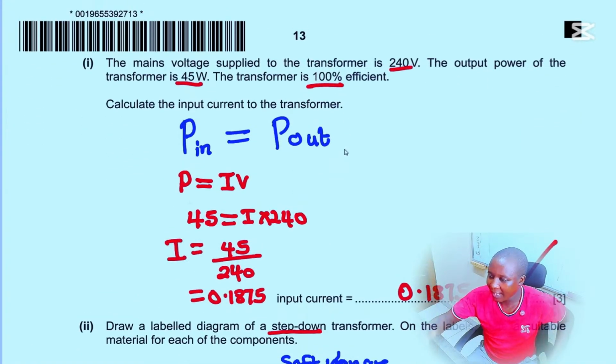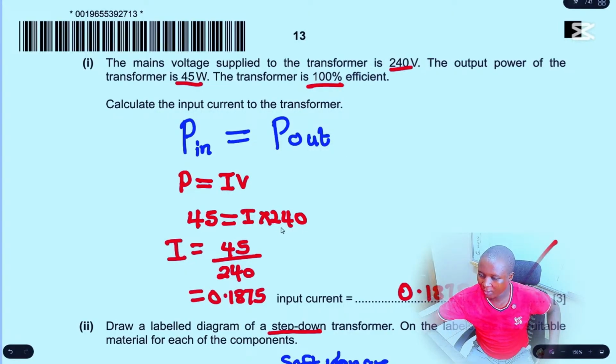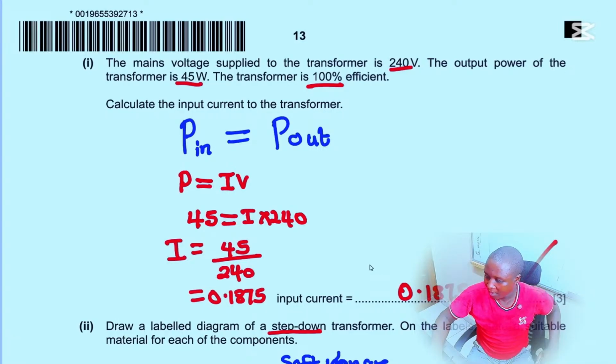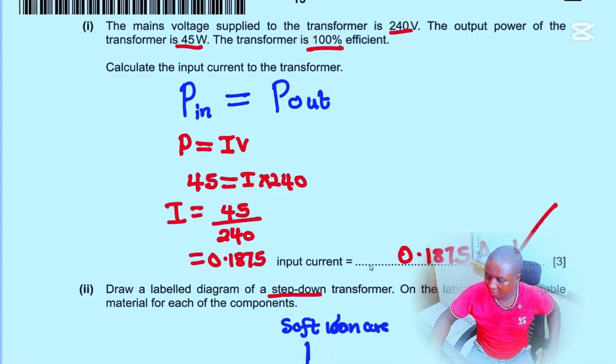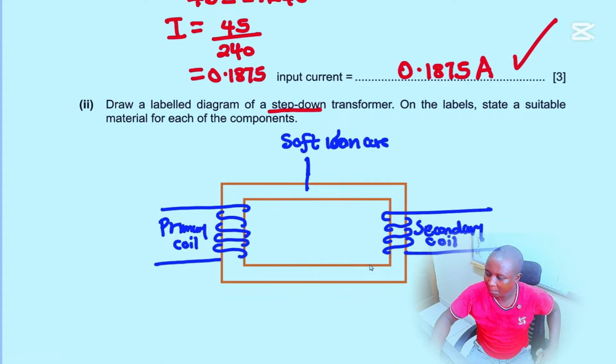So if the output power is 45 watts, then the input power is also 45 watts because it's 100% efficient. So we are going to use the formula power equals current times voltage. Since we are told the voltage was 240, we can find the current as 0.1875 amperes.